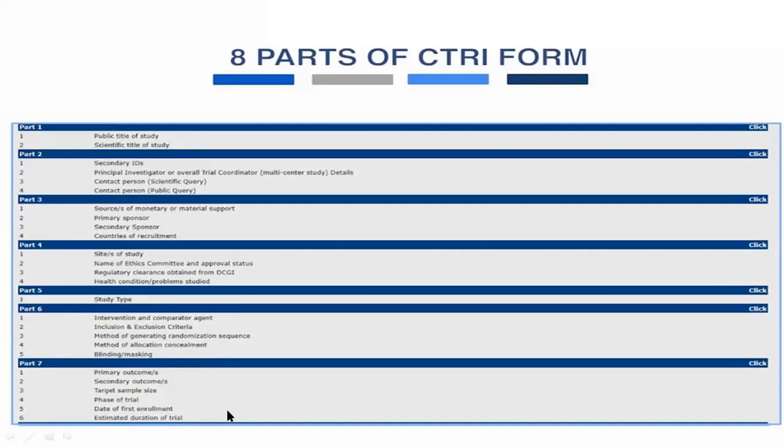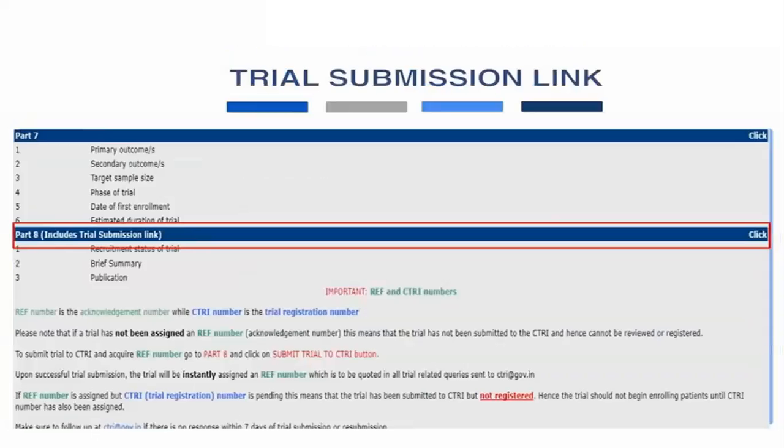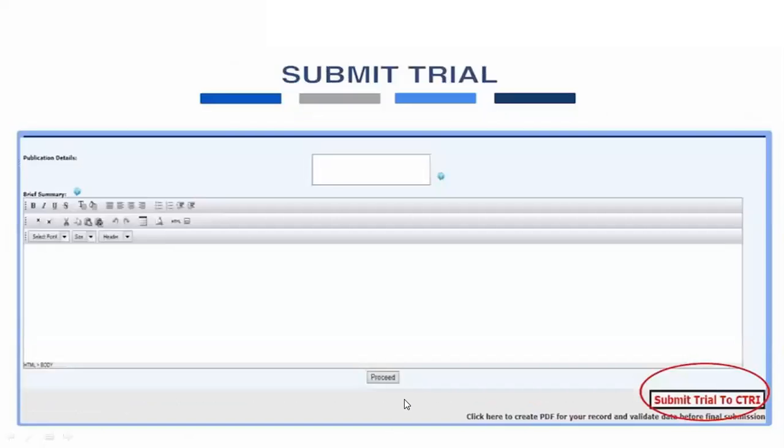All this information is included in part 7, whereas part 8 will include the trial submission link, where you need to give a brief summary and the publication information related to the trial, and the recruitment status of the trial.